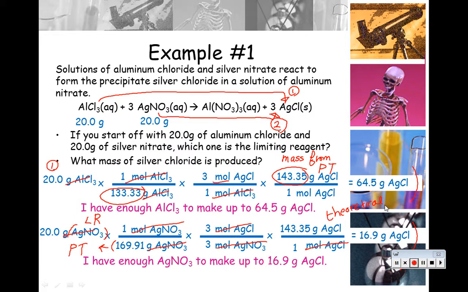So I'm going to write that up here. Limiting reactant produces theoretical yield. Now, if that's my theoretical yield, and this is my limiting reactant, what is AlCl3 then? That's the excess, because that's what's going to have leftovers. This is the excess reagent or reactant.